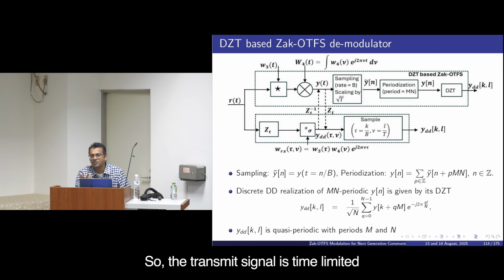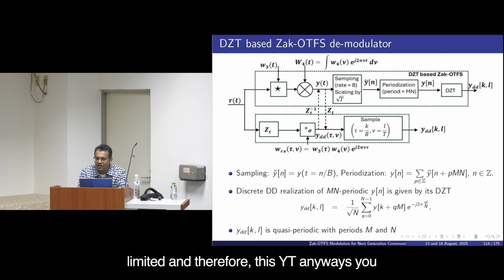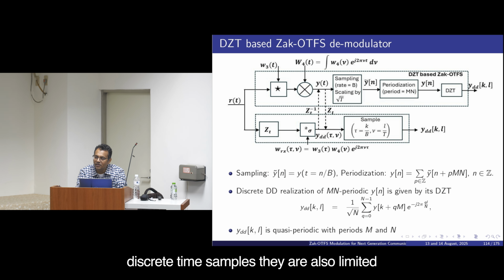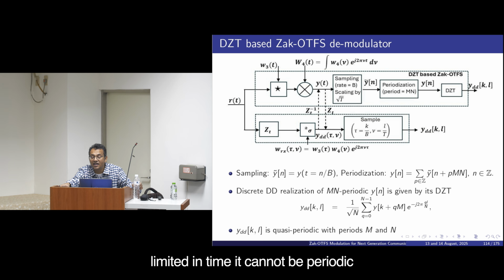So the transmit signal is time limited, therefore the received signal is also time limited, and this y(t) anyways you are multiplying with a time window here. So y(t) is time limited, and when you take the discrete time samples, they are also limited in time.